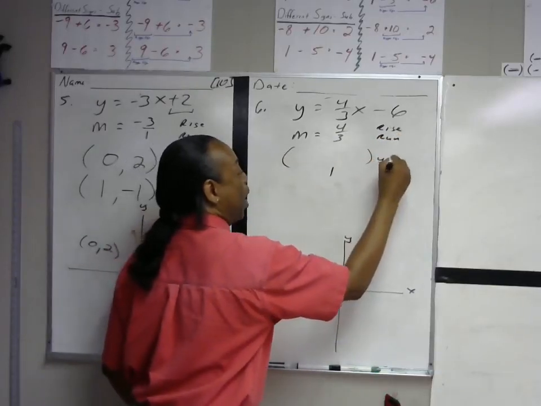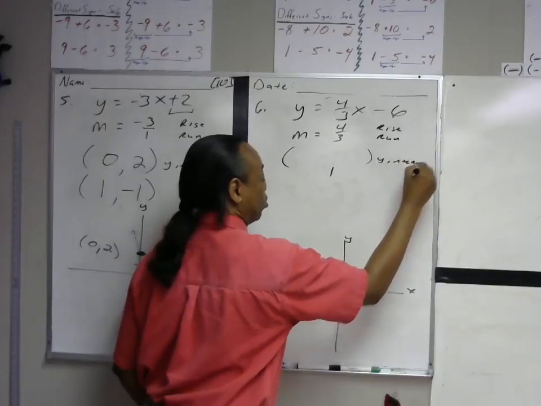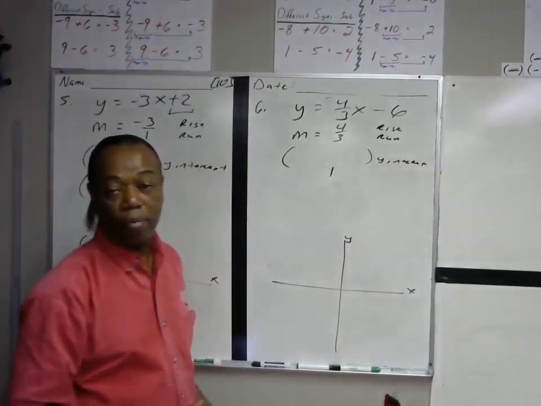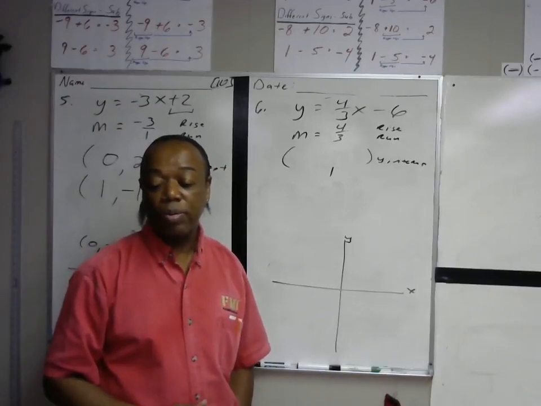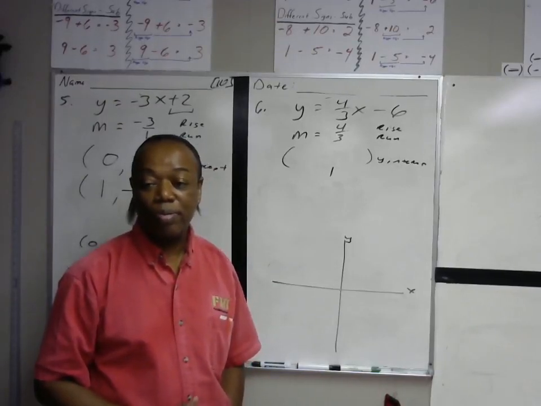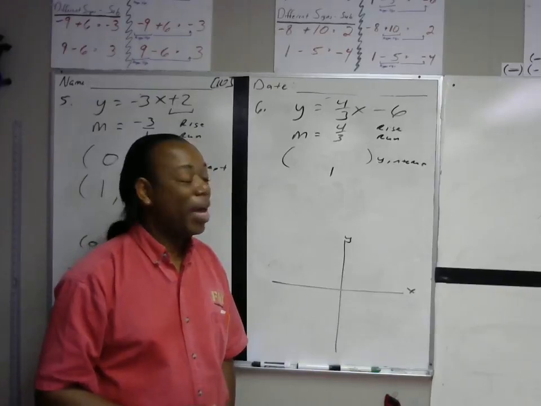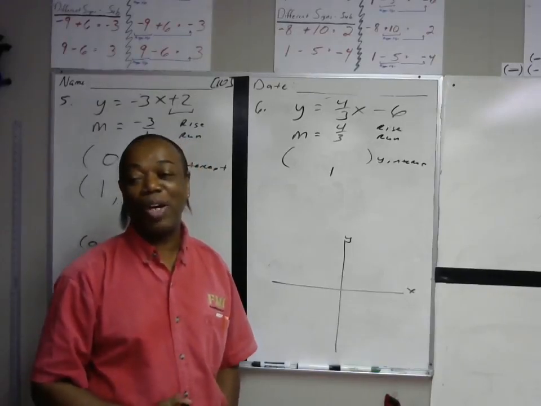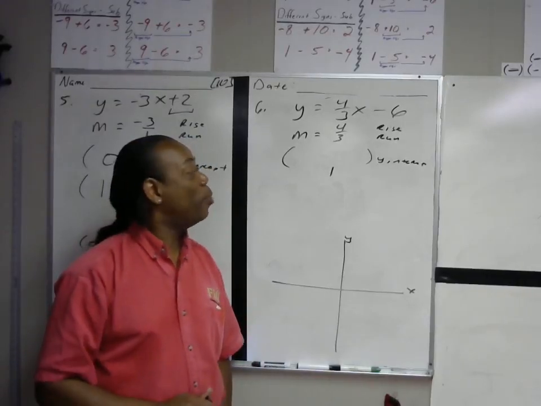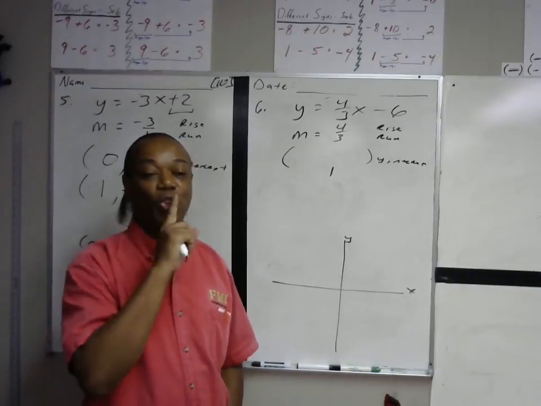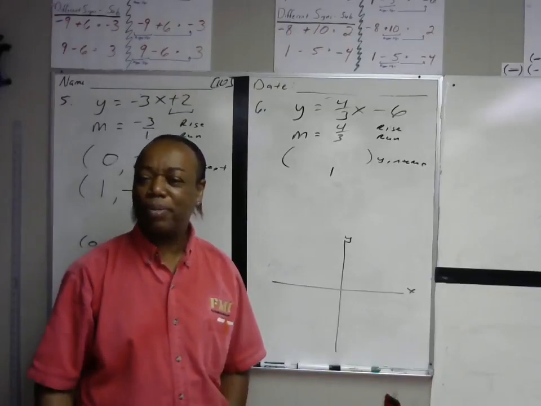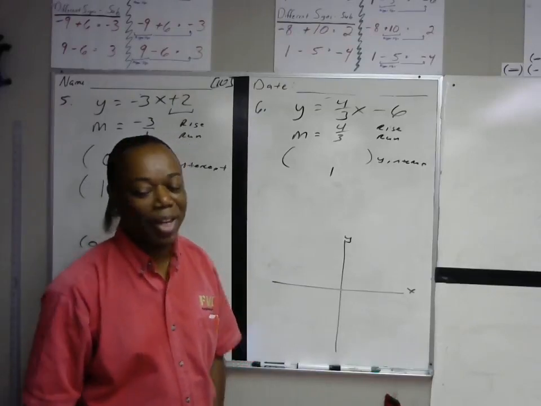Next, we want to find the y-intercept. I want to ask Sims for this one because she owes me an extra answer from yesterday. What is the y-intercept for this particular problem? Exactly.